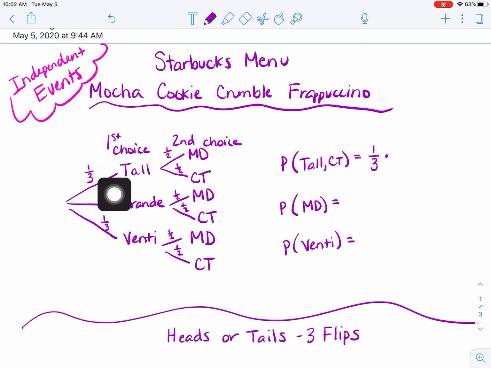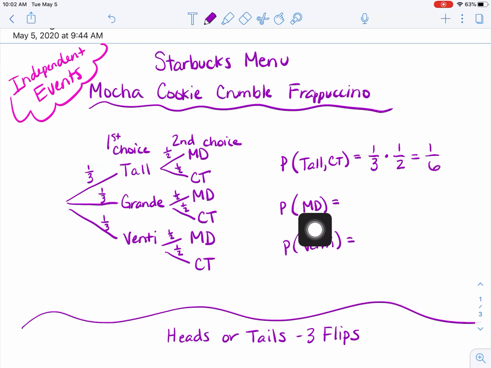And I multiply those fractions together, okay? So I'm going to multiply 1/3 by the cookie topping, and that fraction was 1/2. When I do 1/3 times 1/2, I get 1/6. And that makes sense if you're going along here. There are 1, 2, 3, 4, 5, 6 different options, 6 different outcomes, and only one of those is a tall with a cookie topping, okay?